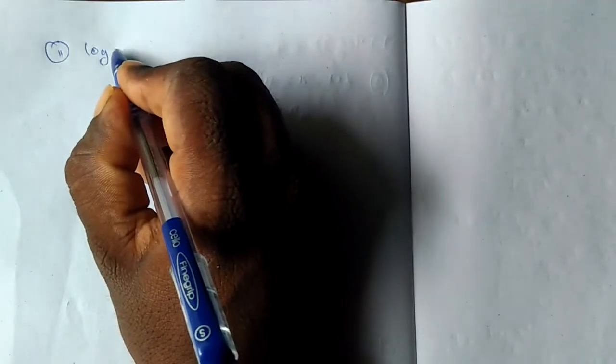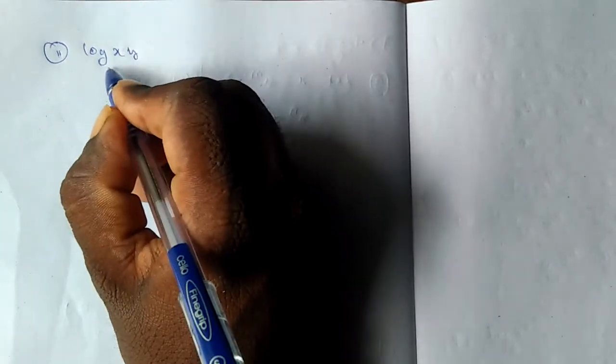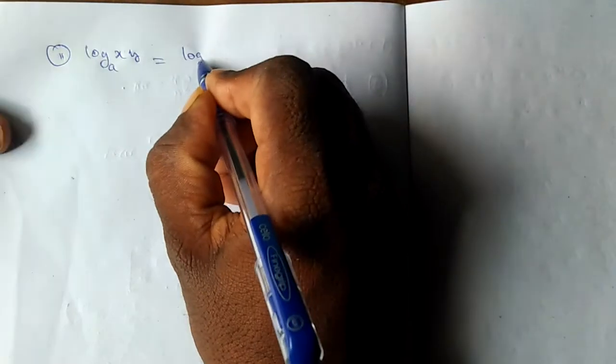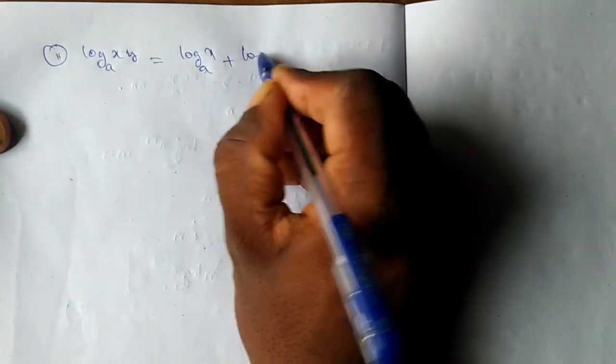In my previous class, I explained properties of logarithms. The first property, I will recall once again. The first property: log xy base a is equal to log x base a plus log y base a.